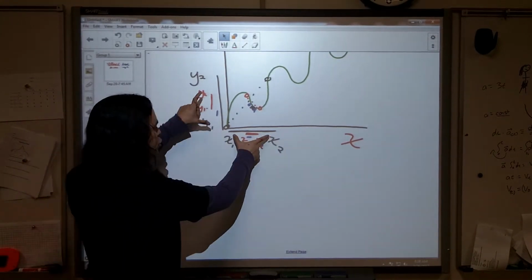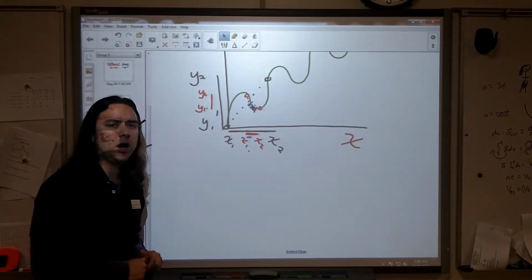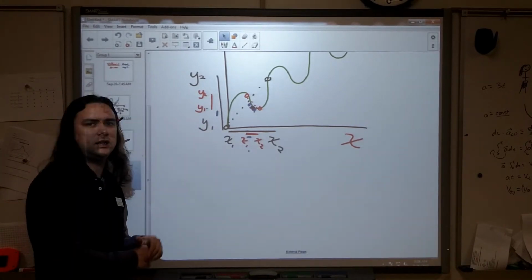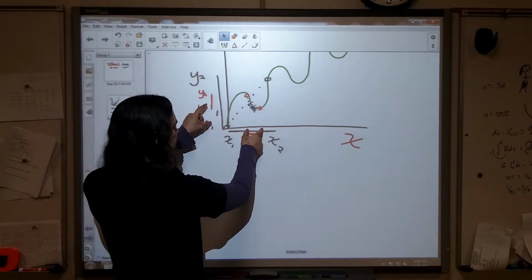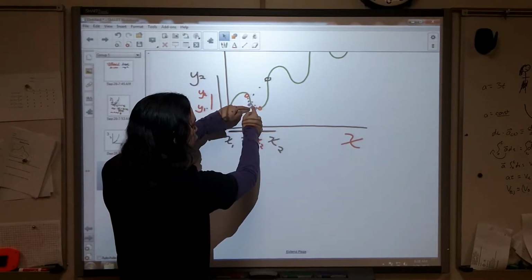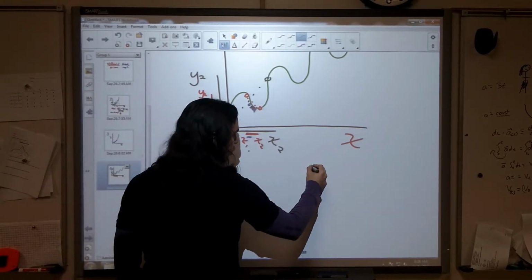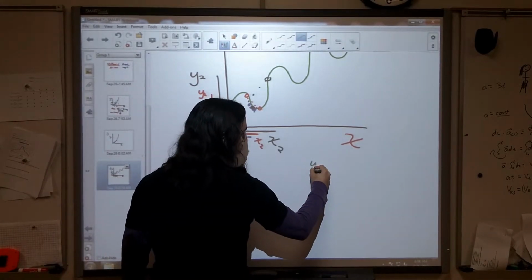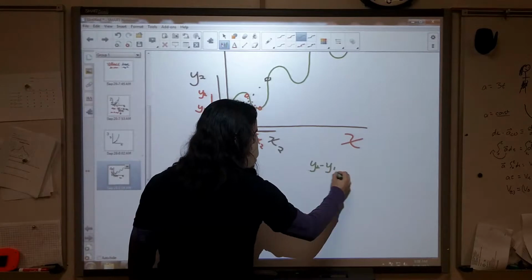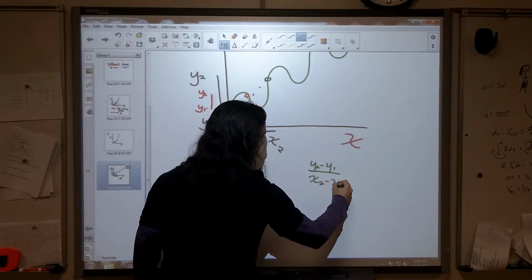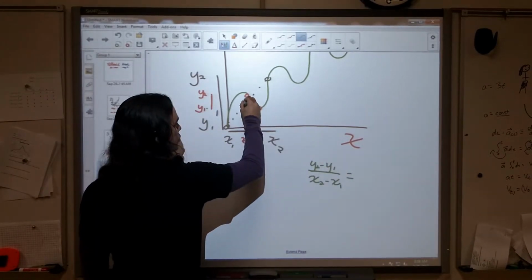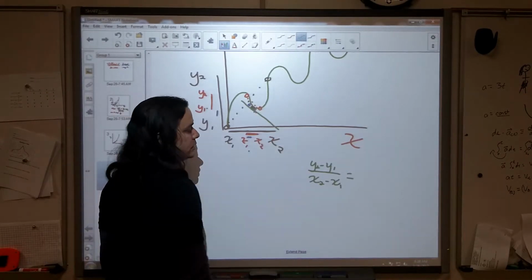But I want you to imagine that we're shrinking this down, the smallest thing you can possibly imagine, and we're making this even smaller. And in doing so, we get our points right here. And whatever we get when we do this, the green dot for y2 minus y1 over x2 minus x1, will actually be equal to the slope at that point.